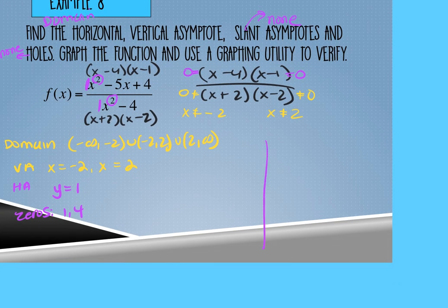So now if I go to graph what I have found so far, I have a 0 at 1. I have a 0 at 4. I have a vertical asymptote at negative 2 and positive 2. And I have a horizontal asymptote at 1.